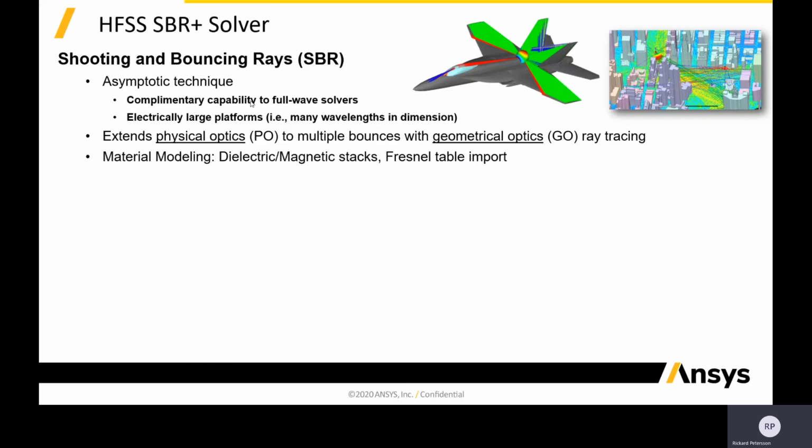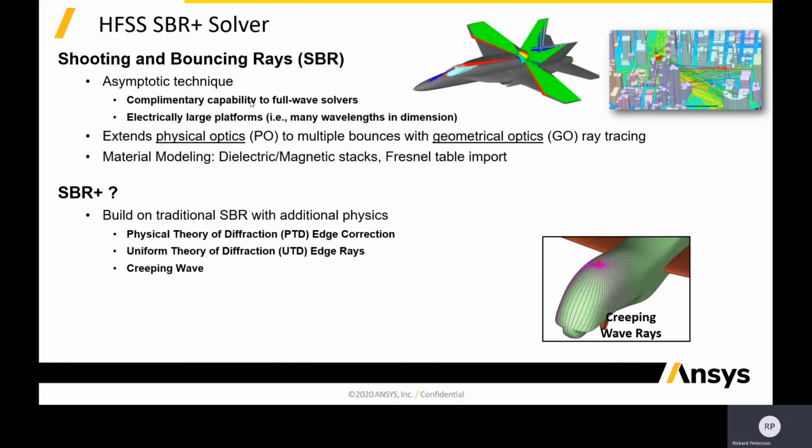But the material properties can be pretty general, including dielectric and magnetic stacks, Fresnel table imports, and so on. The plus part of SBR plus, that is, in addition to SBR, we provide additional physics to enhance the accuracy. So we have both physical theory of diffraction and uniform theory of diffraction to improve the physical representation of edges.